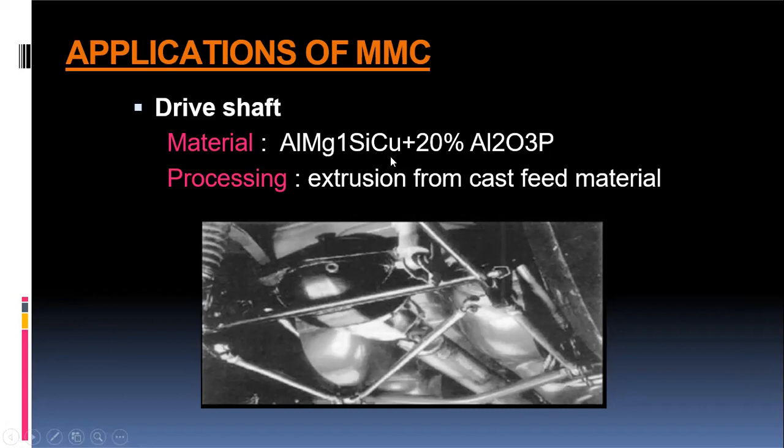This is a composition of 80% and 20% of Al2O3P, that is aluminum oxide. 20% we are adding the aluminum oxide and the remaining 80% is the aluminum, magnesium, silicon and copper composition.